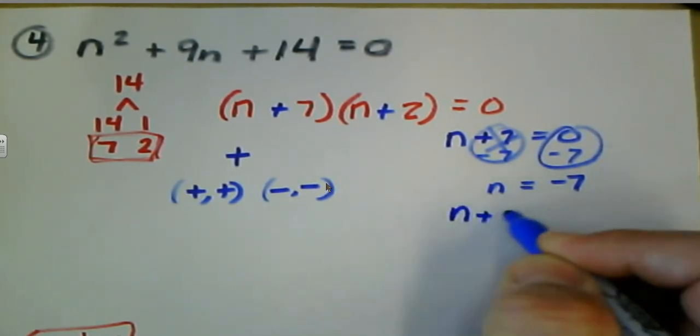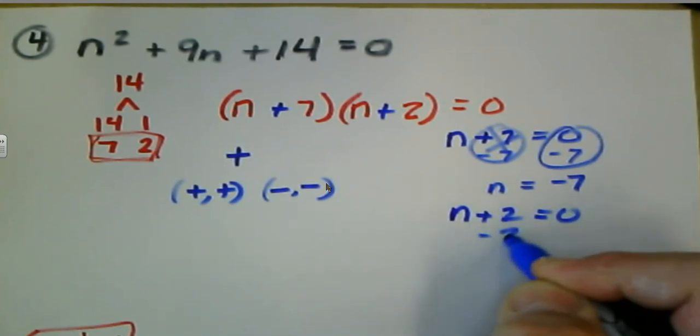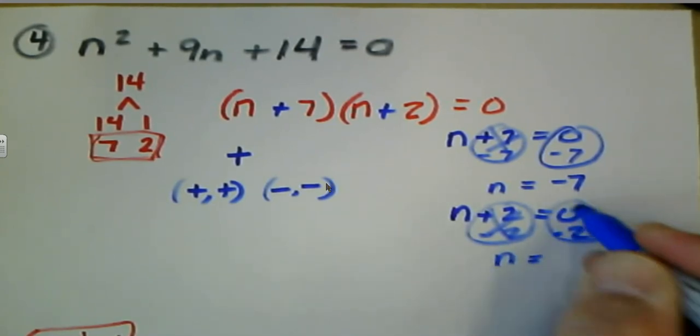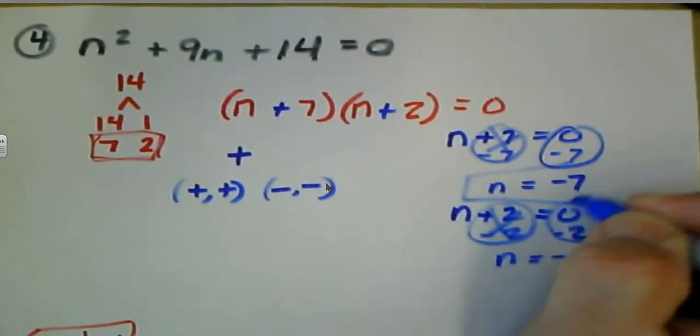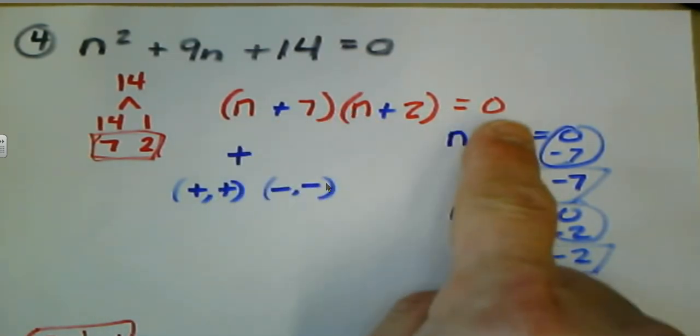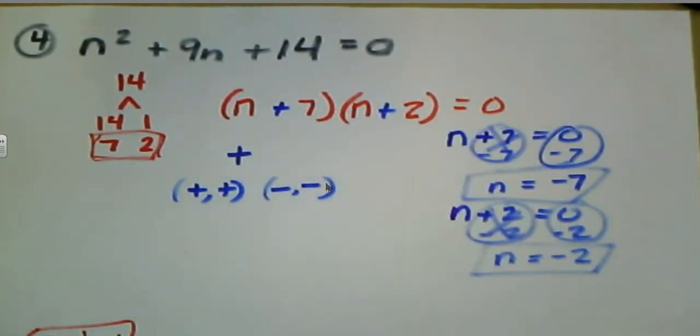And we need to set n plus 2 to 0 and solve it. Do its opposite operation, and n equals 0 minus 2, which is negative 2. Those are our x's, our x-intercepts, our zeros. That's all we did. Set them equal to 0 because each set of this equals 0.